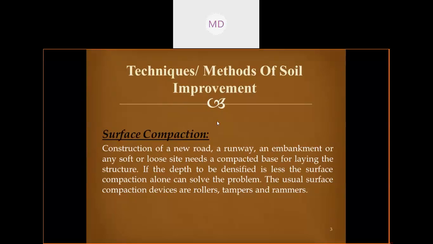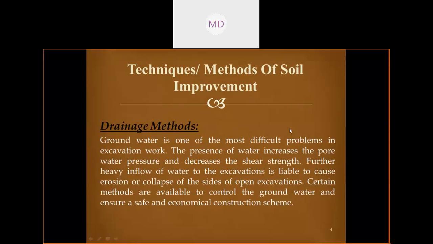So about surface compaction, we have discussed. Then drainage method. So I was asking about excavation work. See, if the groundwater level is too high, and in that area we do the excavation work, what will happen?